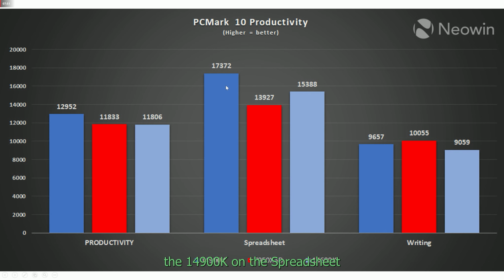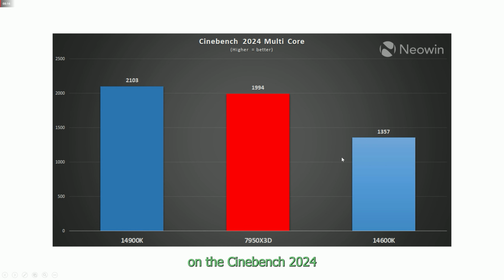On the split, we had a better result. On productivity, Intel gets a better result, and in the writing part, the AMD Ryzen 9 7950X3D gets a better result than Intel. On Cinebench 2024, Intel gets a near result to the AMD 7950X3D.